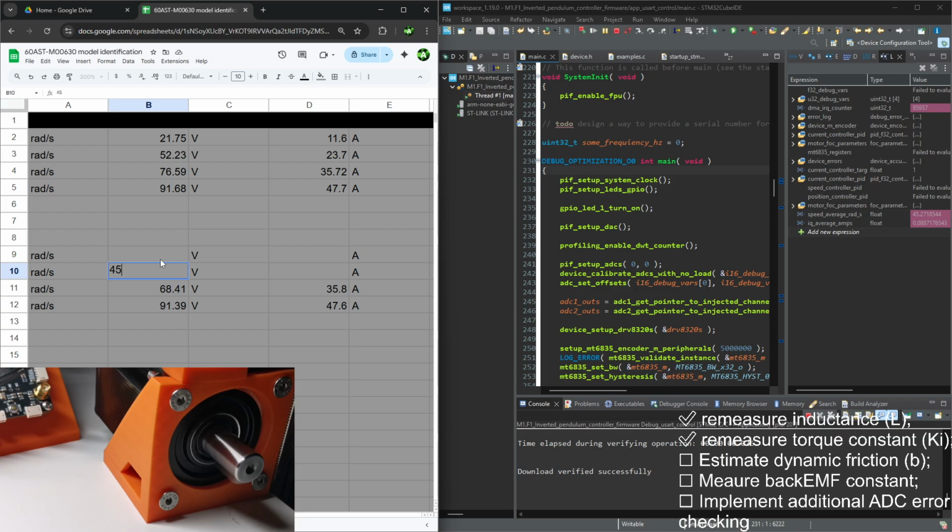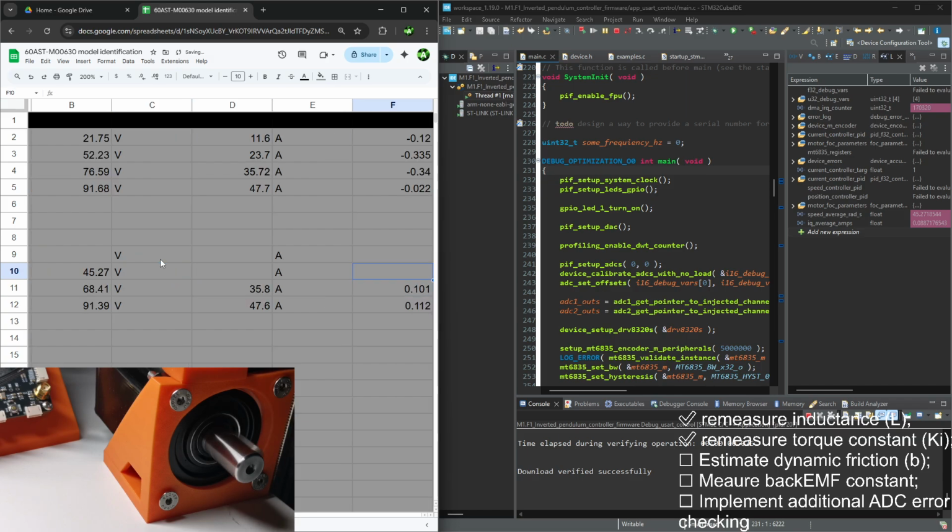Okay, 45.27 with 0.0. Oh no, it actually does make sense. It looks so much better than it looked before. Oh my god, thank god we fixed the encoder. Now it does make sense, and before it was such a mess. Actually, it looks very, very reasonable.